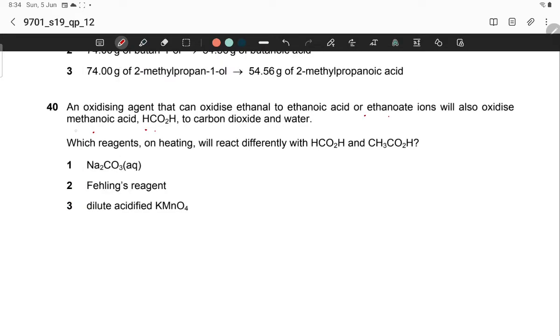Next question is 40. An oxidizing agent that can oxidize ethanol to ethanoic acid or ethanoate ion will also oxidize methanoic acid to carbon dioxide and water.